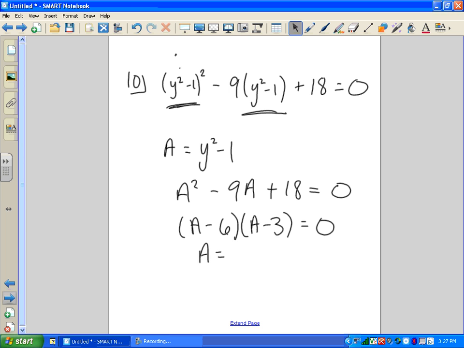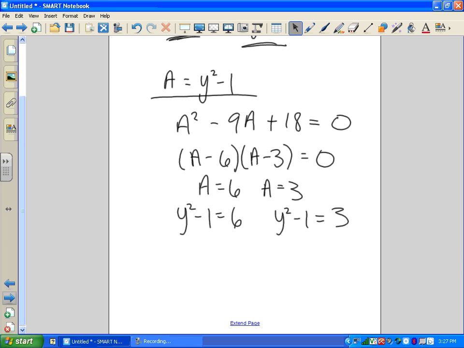And so a would be 6, and then a would be 3. Now that's a. I need to find out what y is. So I'm going to recall that a was equal to y squared minus 1. So we're going to have y squared minus 1 equals 6, and then y squared minus 1 equals 3.